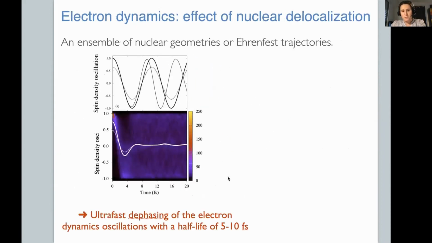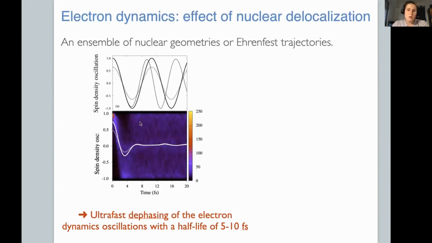Now, I think maybe one of the most significant contributions that we've made to the field is when looking at the effects of the nuclear delocalization, the fact that the nuclear wave packet is delocalized over space, considering an ensemble of fixed nuclear geometries, or an ensemble of Ehrenfest trajectories.